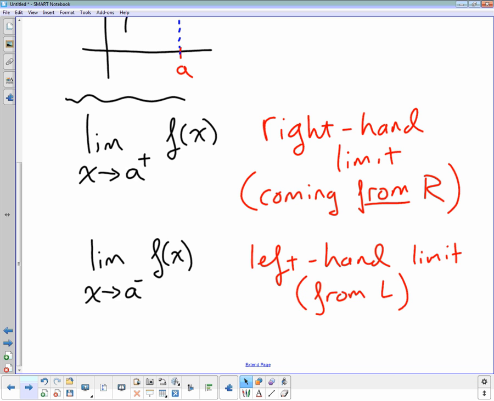All right. They don't have to be the same. For example, I'll make sure everyone copies this. Here's a simple case where the left-hand side and the right-hand side are not the same.